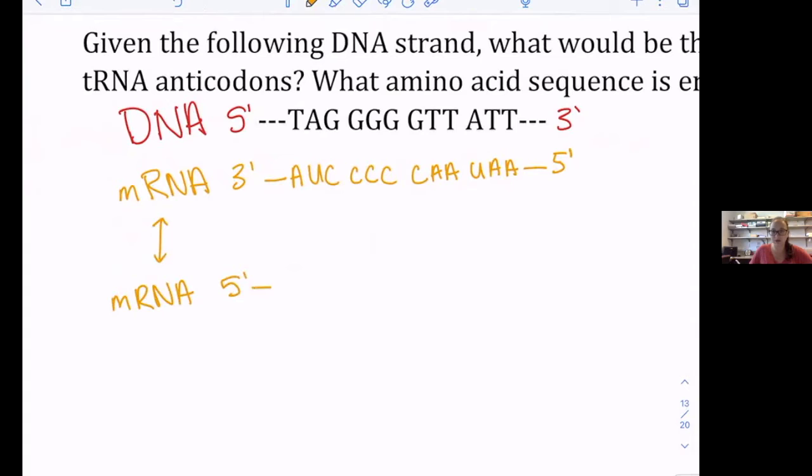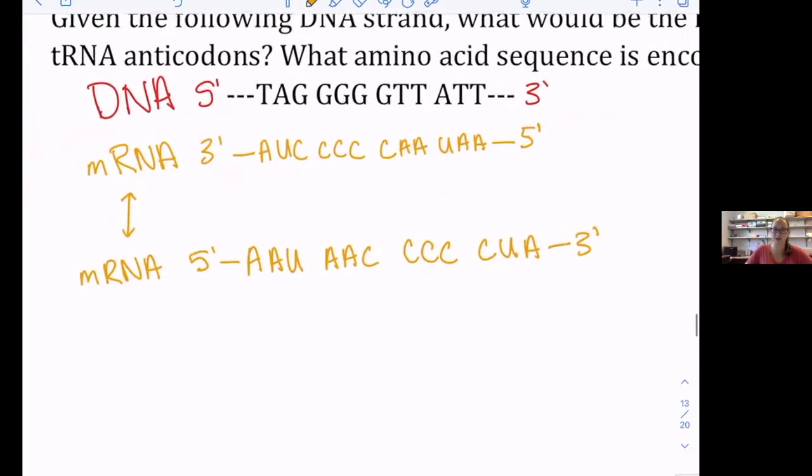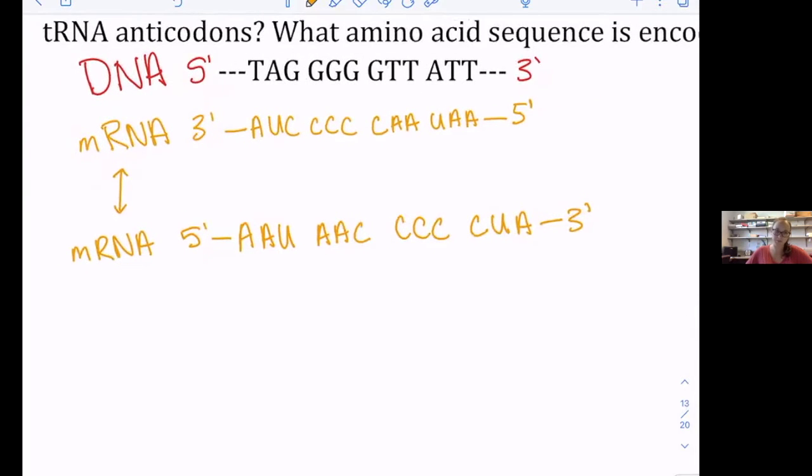So I'm just going to swap the order. So A, U, A, C, C, C, C, C, U, A. Now we have 3'. So you see, I just took the exact same order, mirror image kind of thing.